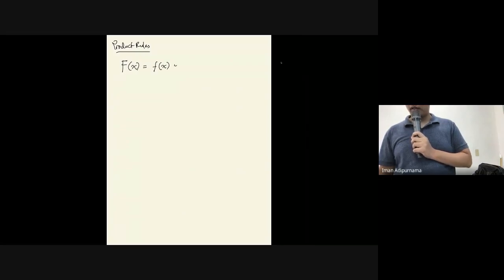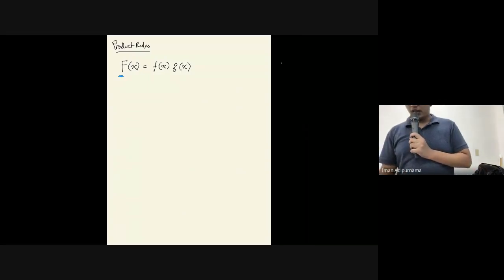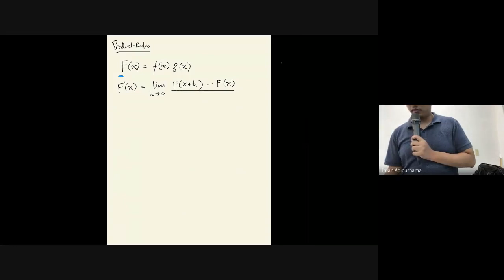For example, if you have functions multiplied by other functions, you define those two functions in another function, which is the big capital F. Then I can write this derivative in our limit definition.